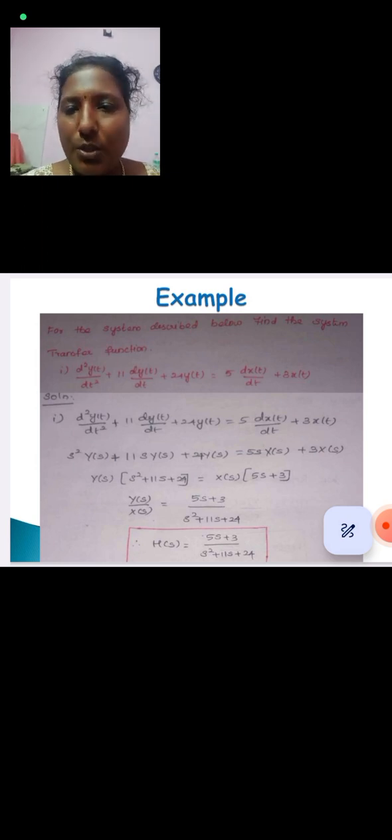As we all know, here no initial conditions are given. Then the Laplace transform of the nth differential function is equal to s power n into Y of s.